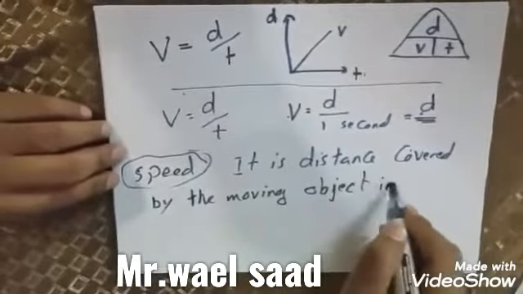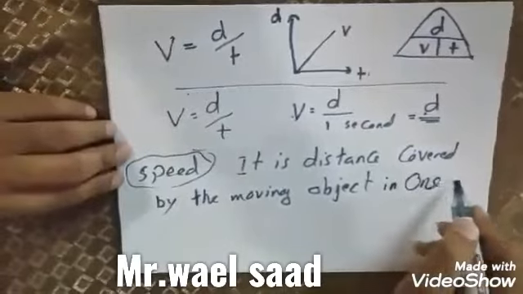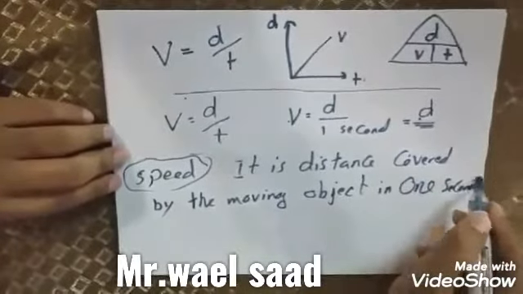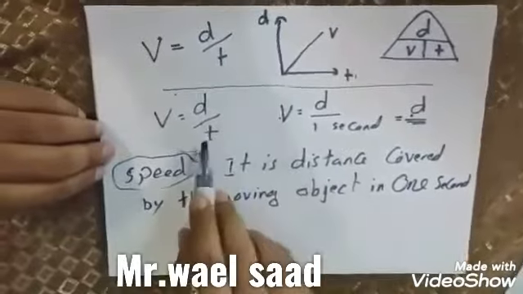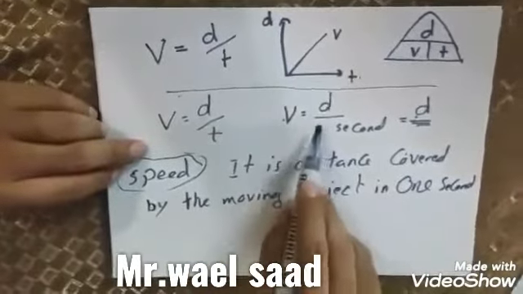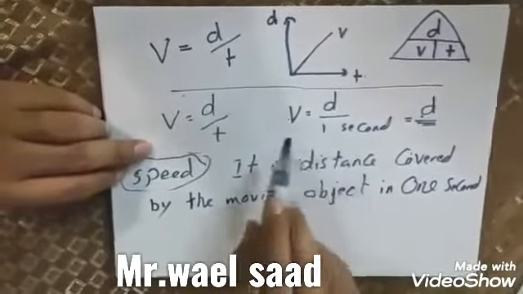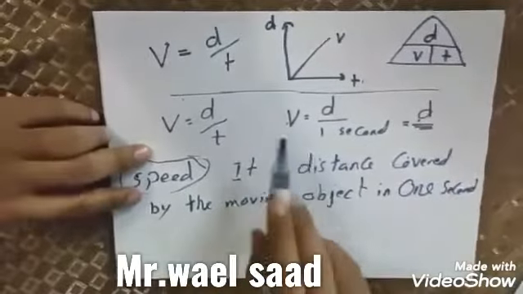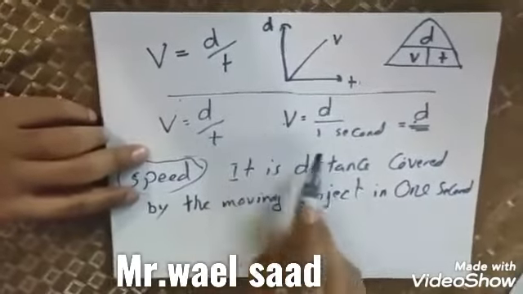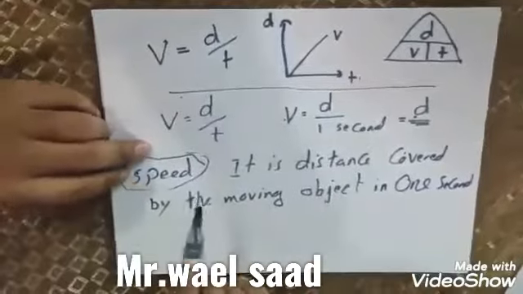It's very important: in 1 second only. So speed equals distance over time here. And if I suppose that time is 1 second, speed is distance. So I can say speed is the distance covered by a moving object in 1 second.